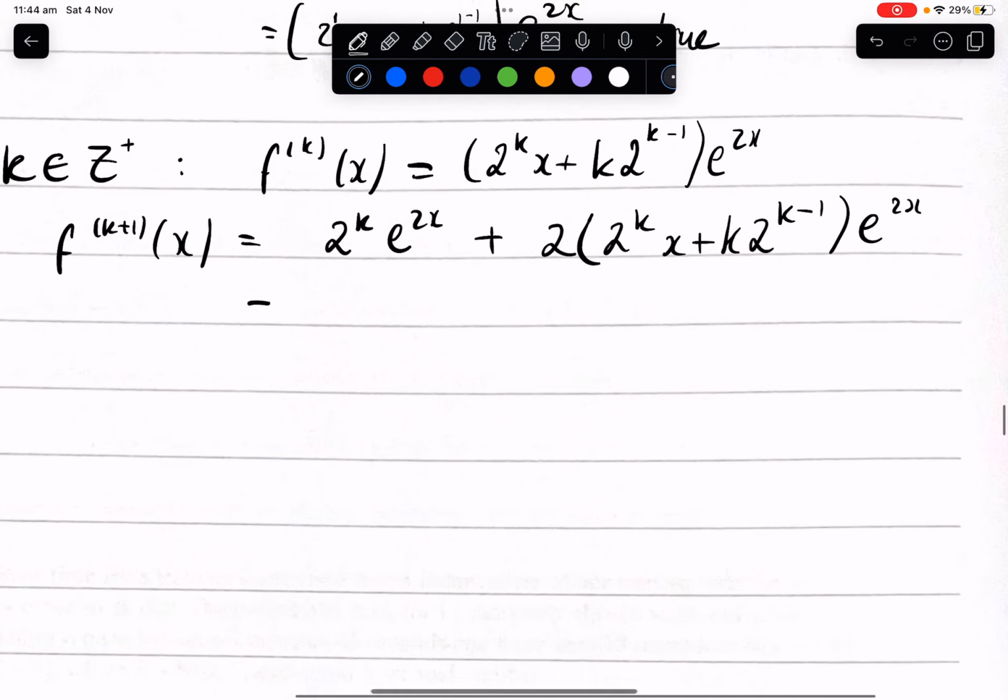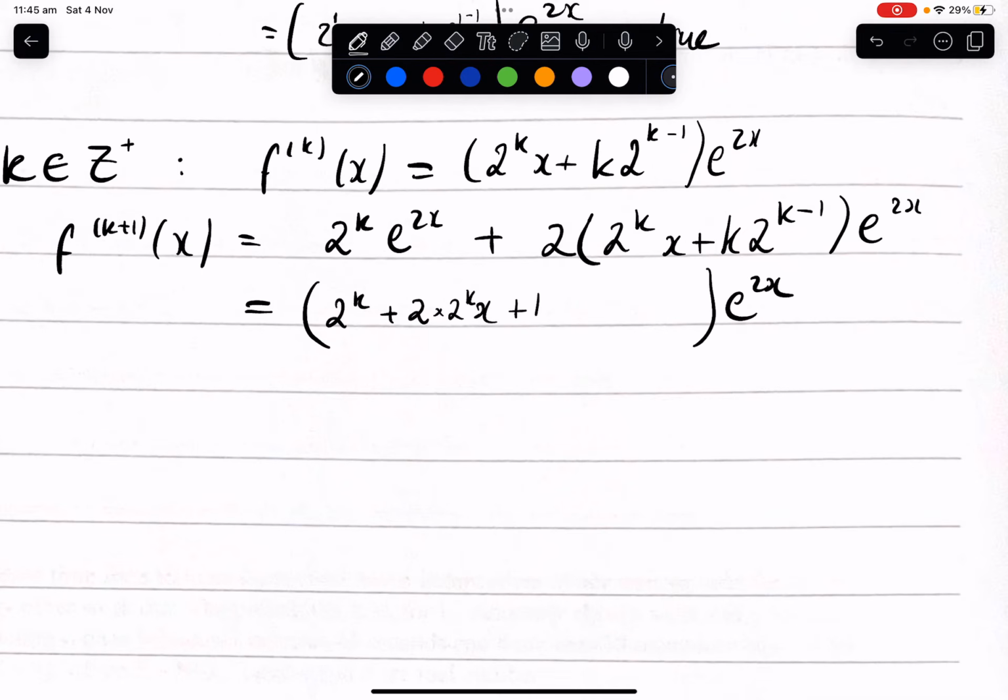So from here, you can take e to the power of 2x as a common factor of the whole thing. And then you've got 2 to the k plus 2 times 2 to the k x plus 2k 2 to the k minus 1.